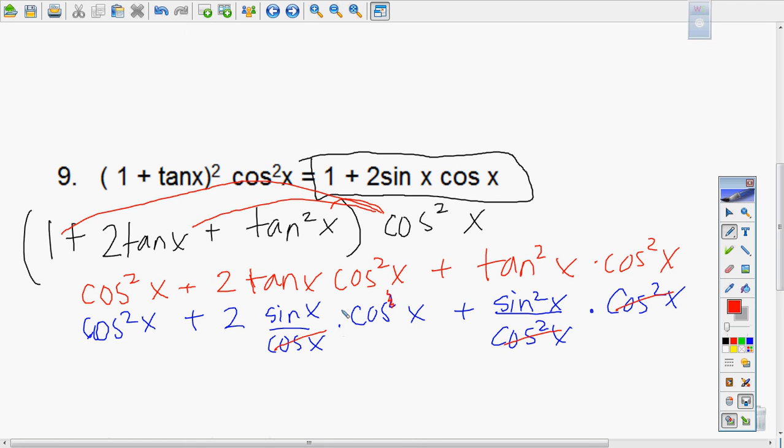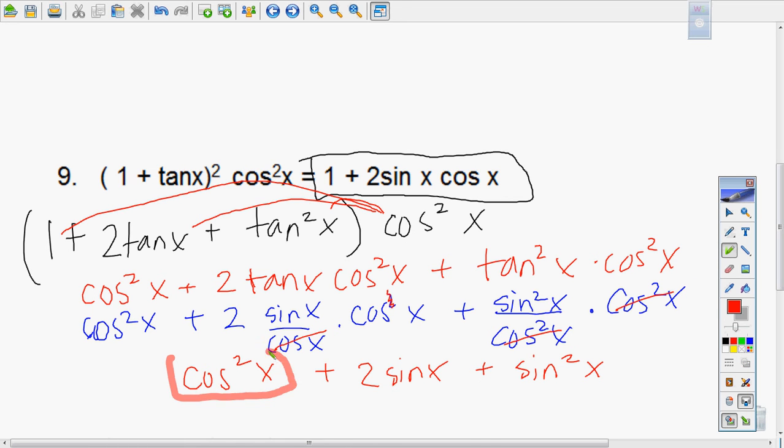Okay. All right, so now I'm going to write what I have left. So I have cosine squared x plus 2 sine x plus sine squared x. If you look right here, I have cosine squared x and sine squared x.